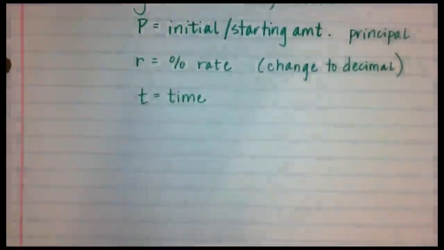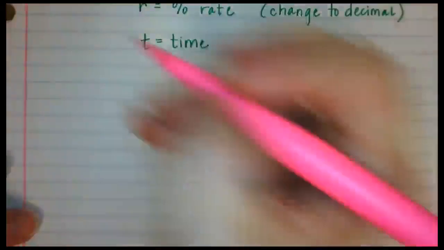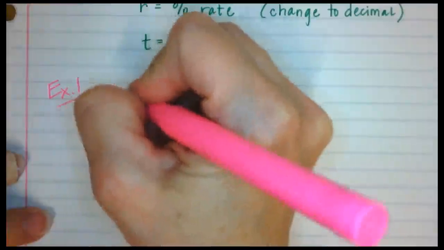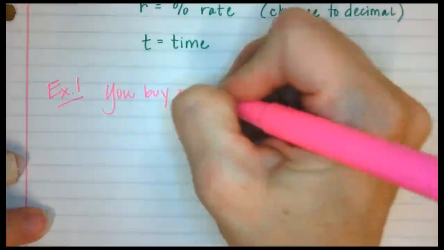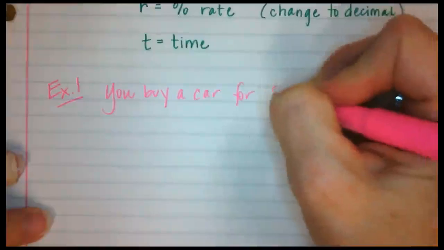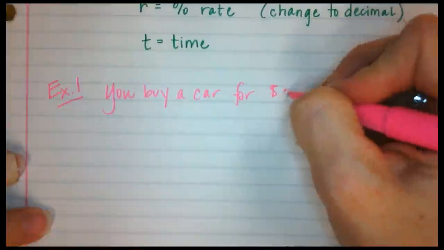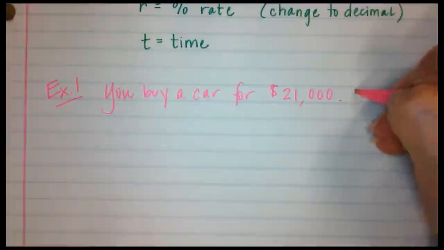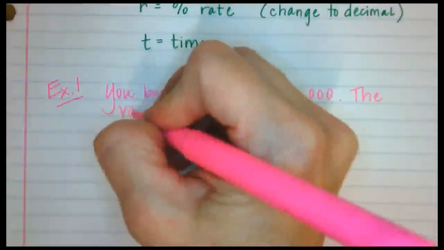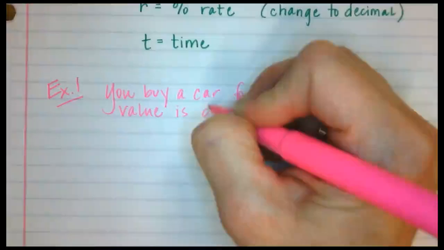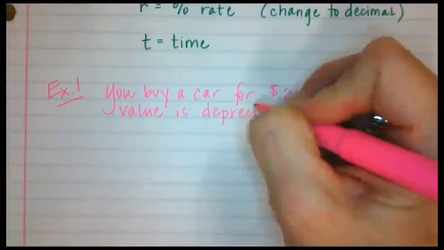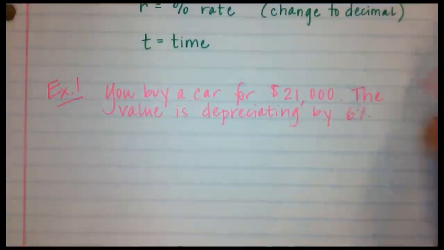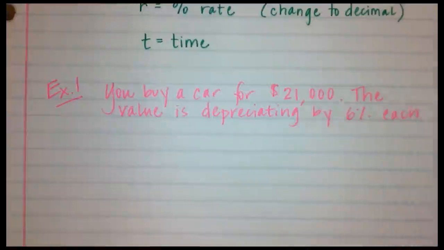I'm going to slide this up here. So let's say for example 1, you buy a car for, let's say your car is $21,000. The value is depreciating by, let's say, 6% each year.